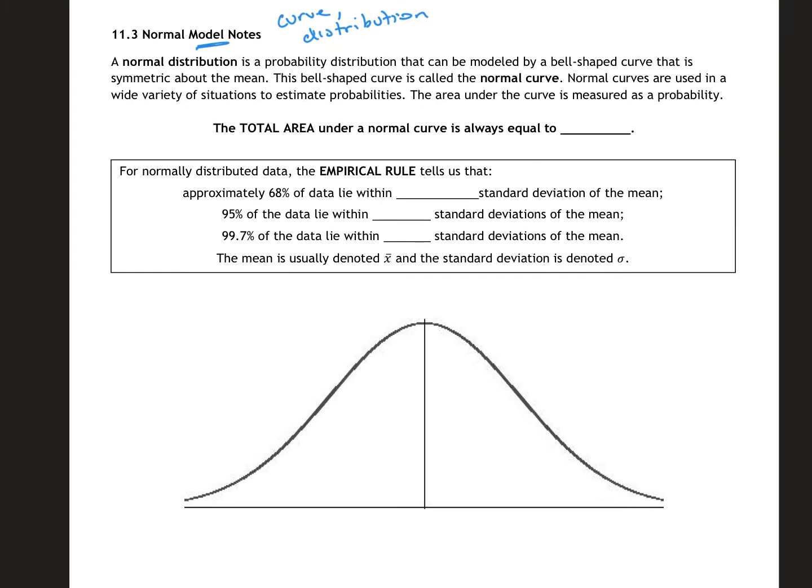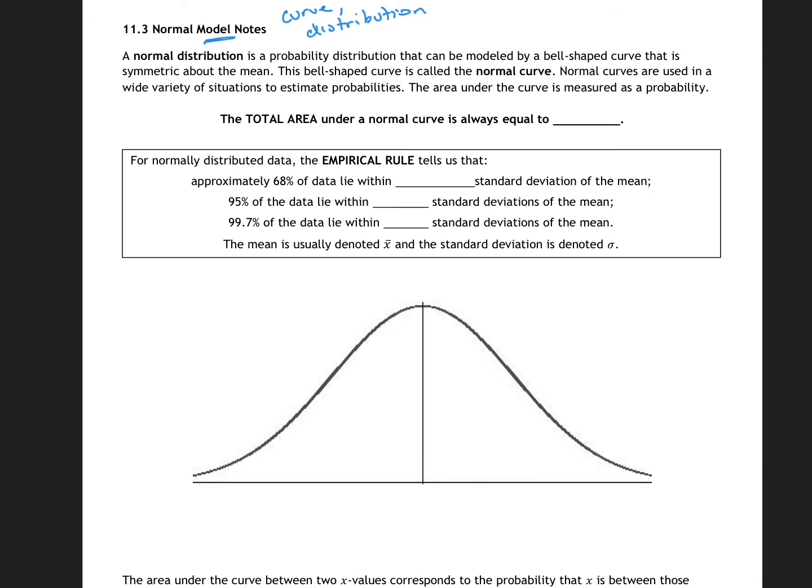This bell-shaped curve is called the normal curve. Normal curves are used in a wide variety of situations to estimate probabilities, and the area under the curve is measured as a probability. That is important. So the total area of the normal curve is always going to equal 100%. So the area underneath this curve will always equal 100%.